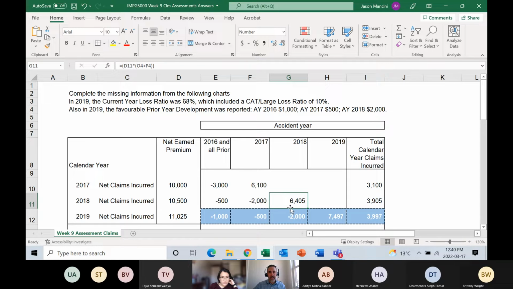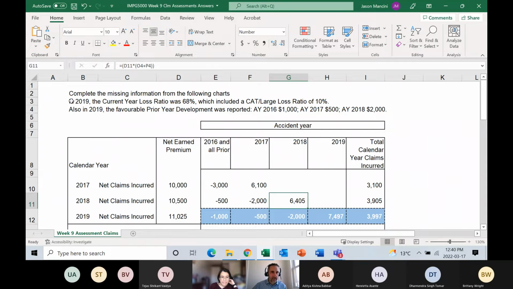So this is your current accident year claims for 18, 6,405, and then all the ratios are over earned premium of that same year. So you would take your 6,405 divided by 10,500.